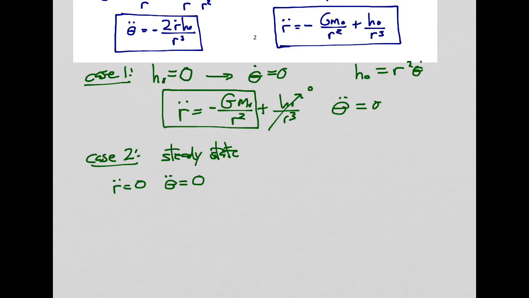And so if we plug these two into our equation of motion, then we get 0 is equal to minus G m_O divided by r naught squared plus h_O squared divided by r naught cubed. The reason why we're using r naught is because we have a steady state condition, so this is going to be a constant based on the initial radius that we give it. And so we rearrange.